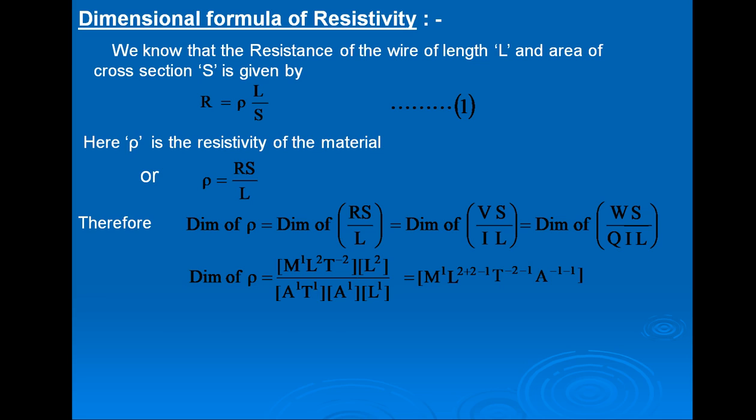Solving this, we get the dimensions of ρ is equal to M¹ L³ T⁻³ A⁻². So this is the dimension formula of resistivity. Thank you very much.